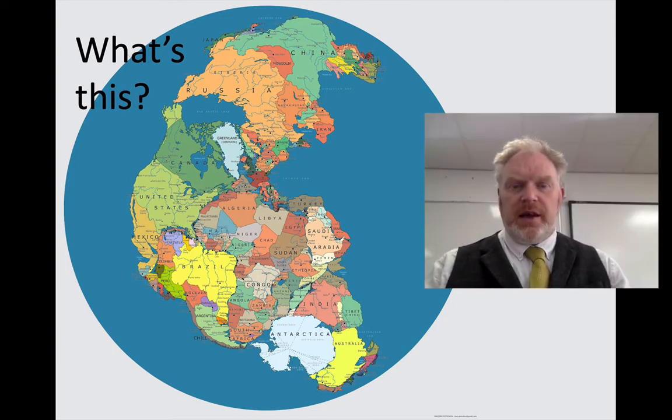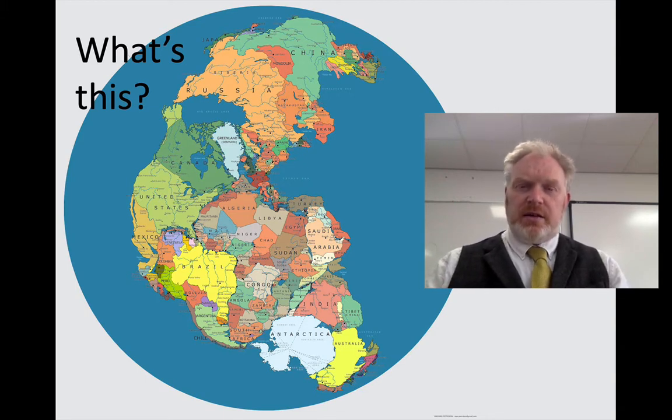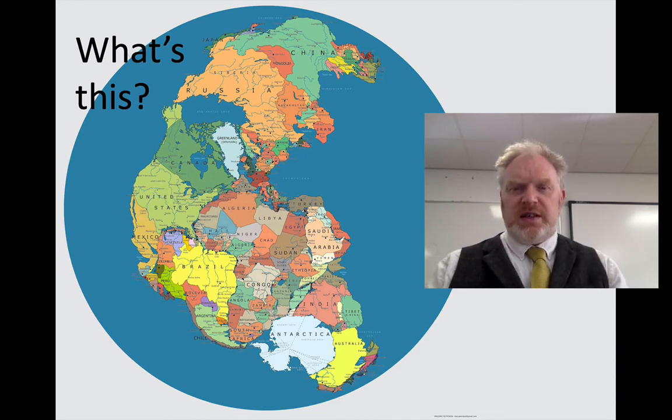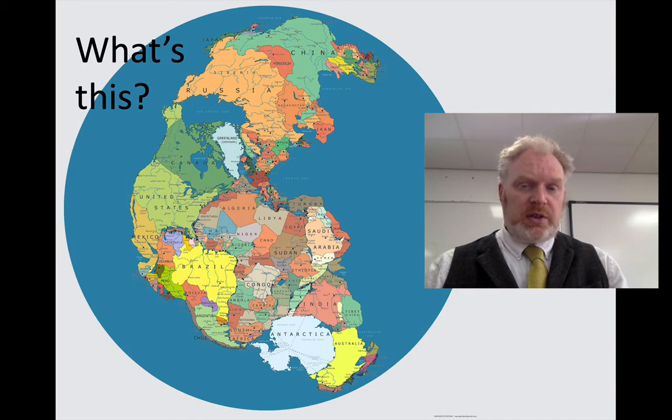Hi, in this lesson, I want us to look at the evidence that Alfred Wegener assembled to support his theory of continental drift. I'm showing you this image because this is, if you like, a modern take on Pangaea, the supercontinent that existed between about 300 million years ago and 200 million years ago.